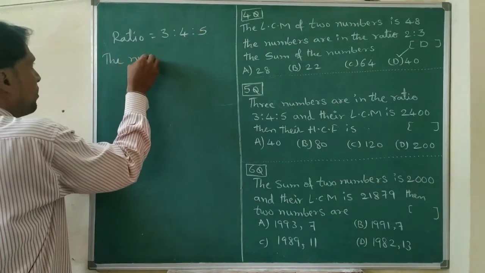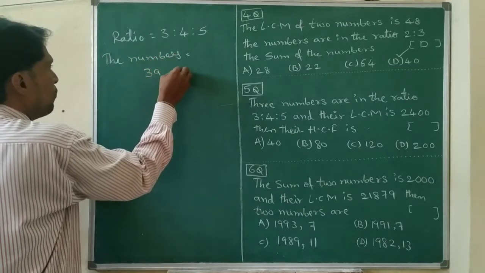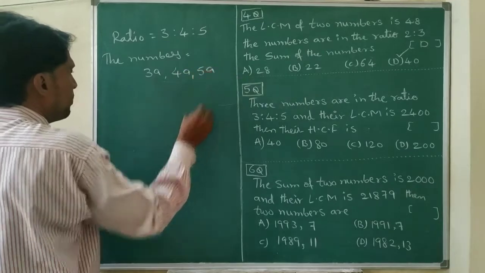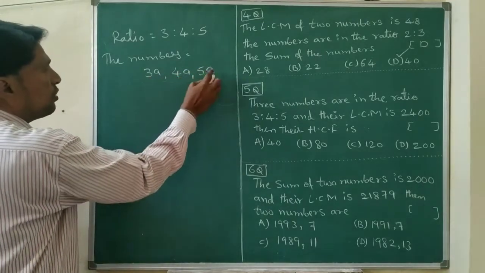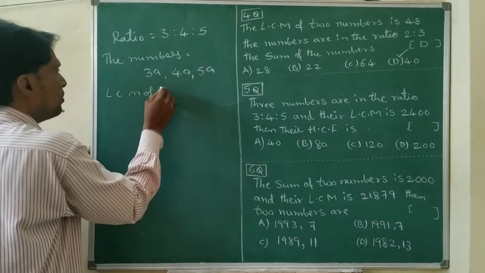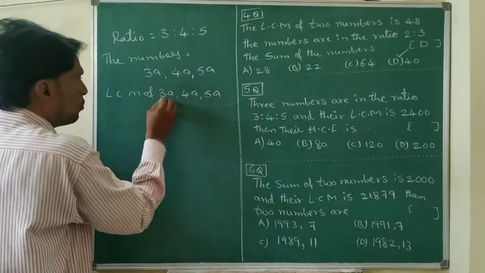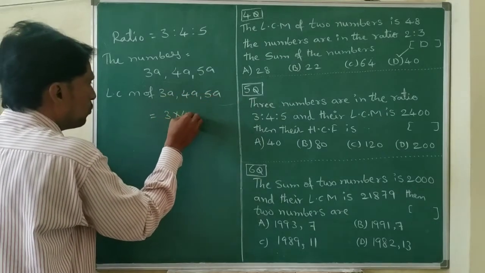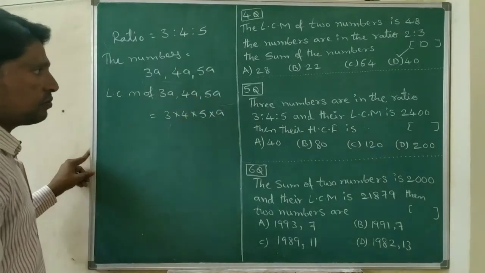Let the numbers equal 3a comma 4a comma 5a. Now the LCM of 3a, 4a and 5a equals 3 into 4 into 5 into a, where a is common, so we take it one time only.